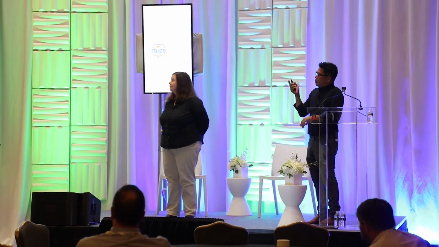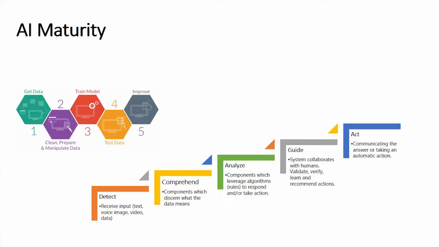So the 5-step model on the very left is pretty self-explanatory. One of the things that we're seeing over and over again is to budget your time. You're going to spend a lot of time on number 2. I don't know how many models you have built or are planning to build, and what initiatives you're planning around AI and ML.